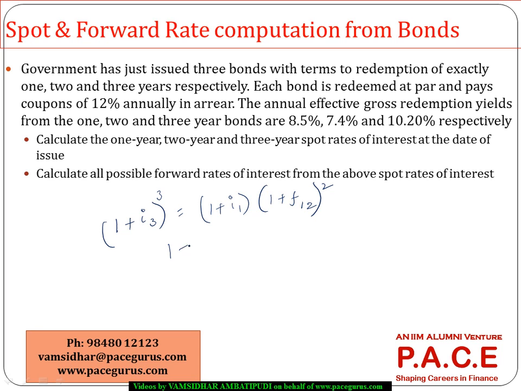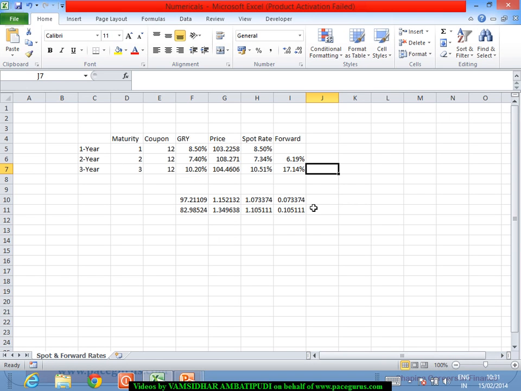So from here, 1 plus F12 squared, from the first year for 2 years, means between 1 to 3 years, is equal to 1 plus I3 cubed divided by 1 plus I1, and I take the square root of that to give me a 2-year forward rate starting from the first year.